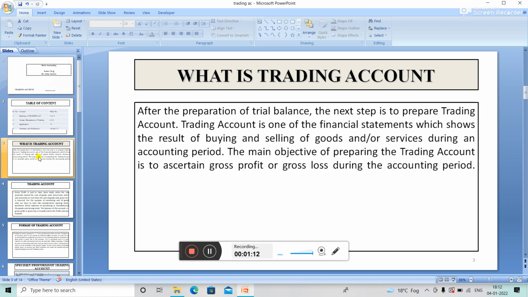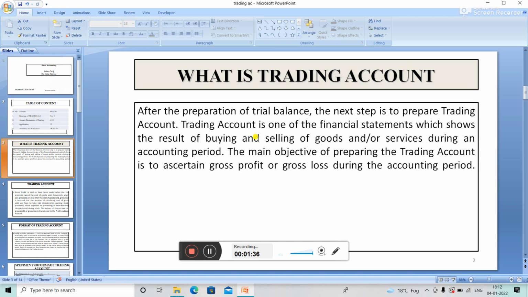The trading account will provide you information related to the gross profit and gross losses of the business house. Apart from this, it is one of the important steps when we create the final account. This is a very important step in the preparation of the final account.